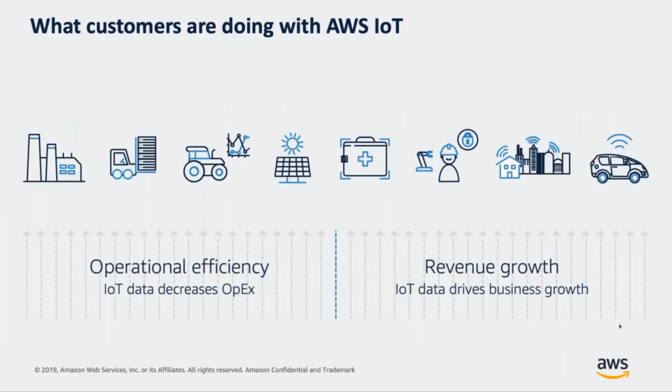Now, let's look at what customers are doing with the AWS IoT data in different categories. So, the IoT data that is being generated can be utilized in two broad categories. It can be used to increase the operational efficiency. And by that, what I mean is it can be used to decrease the operational expenditure, or it could be used to generate new sources of revenue and result in new business opportunities.